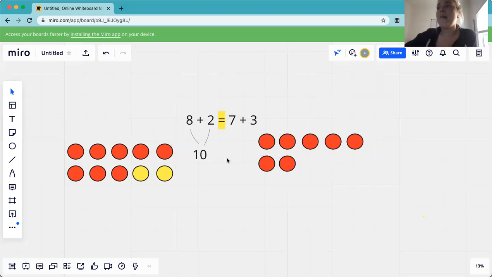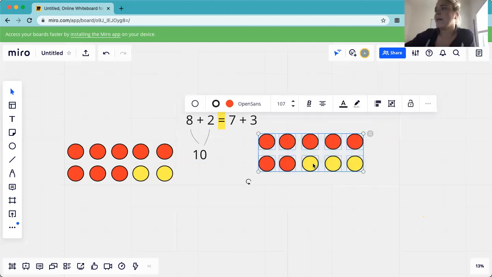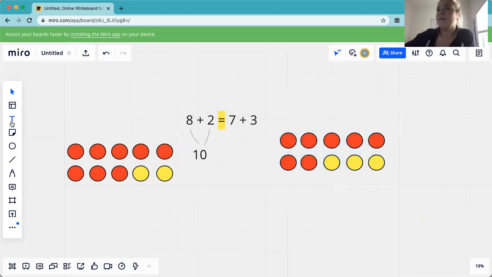All right. And then my yellow is going to represent my 3. 1, 2, 3. All right, let's count it. 7, 8, 9, 10. So right here, I have my group of 10, which means 7 plus 3 equals 10.